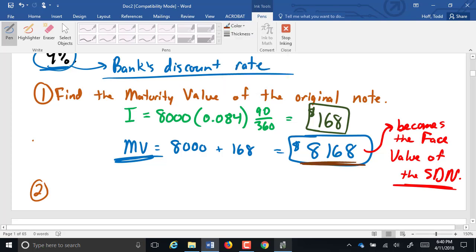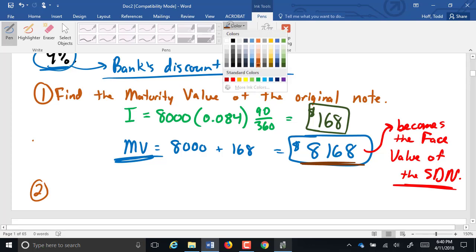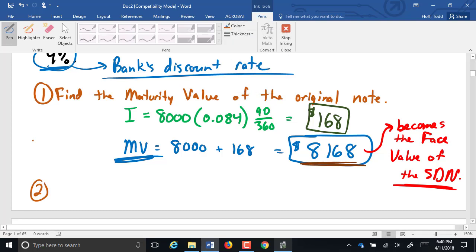That's how much we have coming at the end of the 90 days. So that's what the bank is going to loan us money based off of. Does that make sense? That's how much is going to be due on Sam's note. So when Pat goes to the bank, Pat borrows against that maturity value.